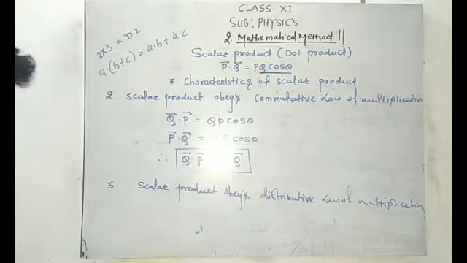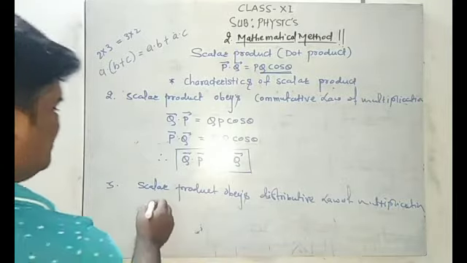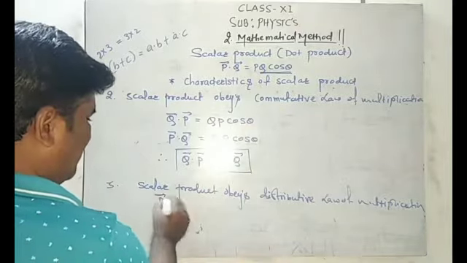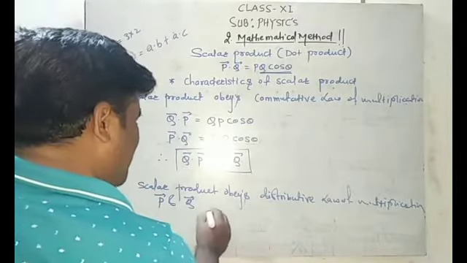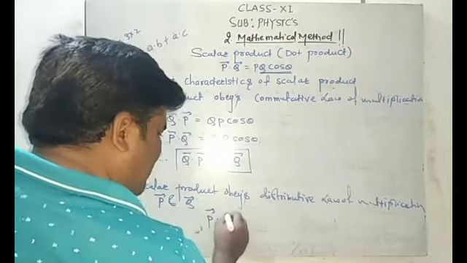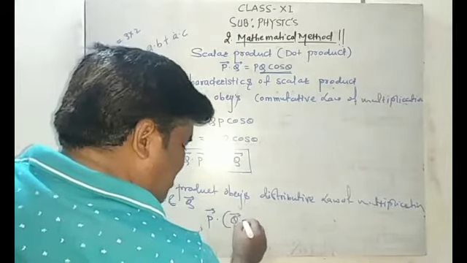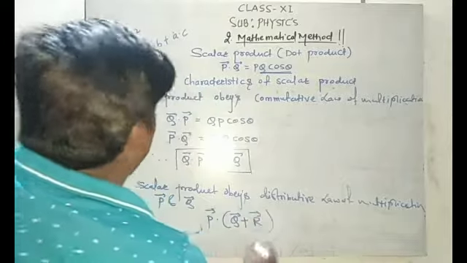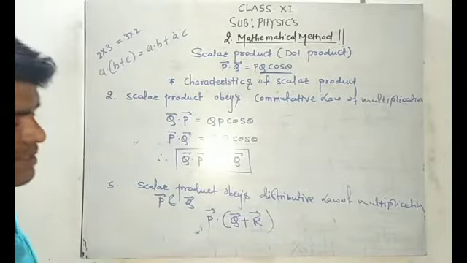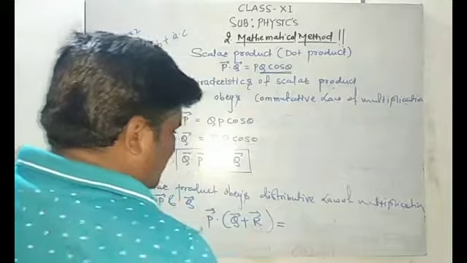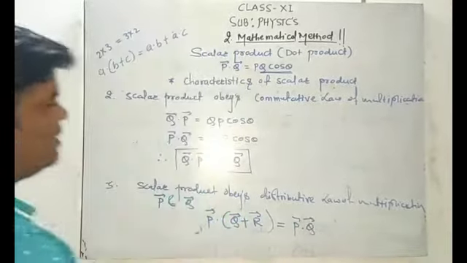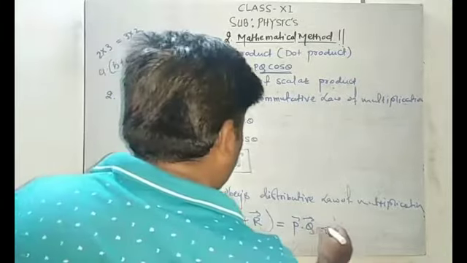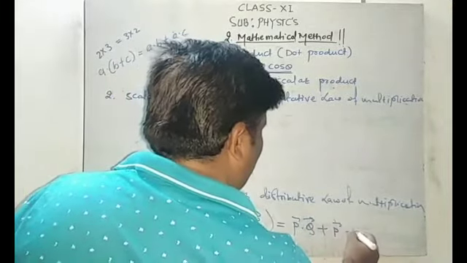So this is the distributive law. Similarly, if we have vectors p bar and q bar, then what does the distributive law say? If you multiply p bar dot q bar plus r bar, where r bar is the next vector, this is equal to p bar dot q bar plus p bar dot r bar, right?